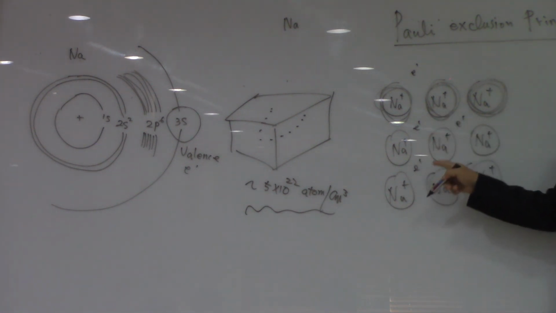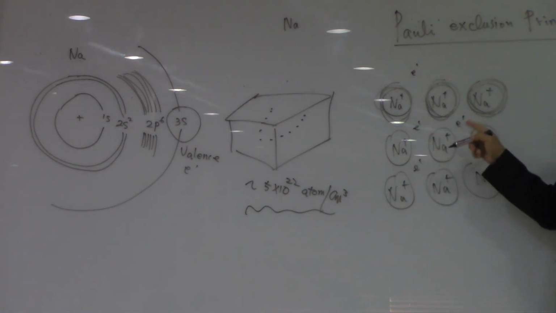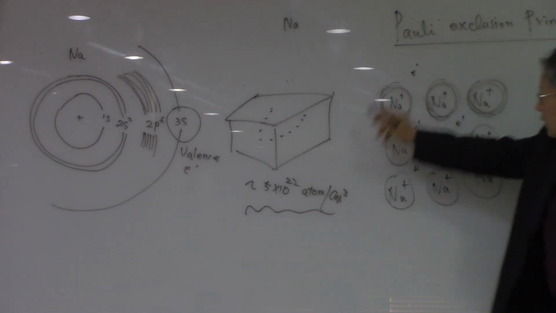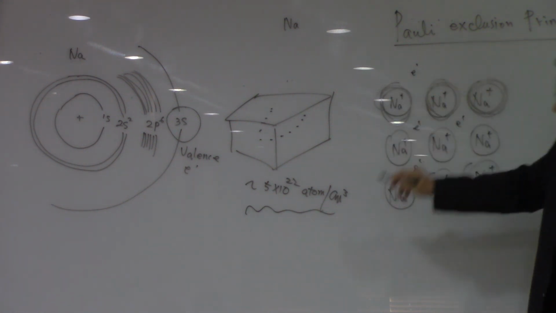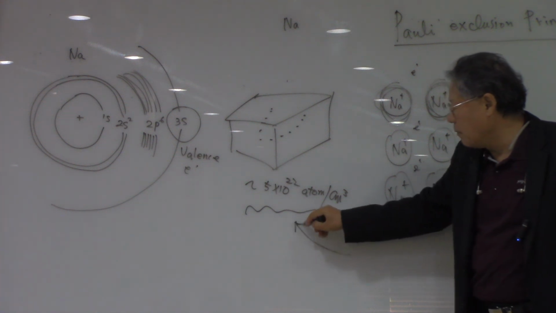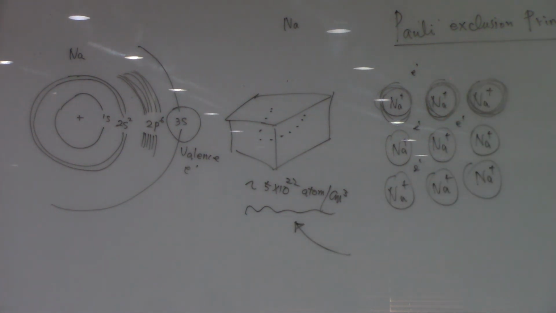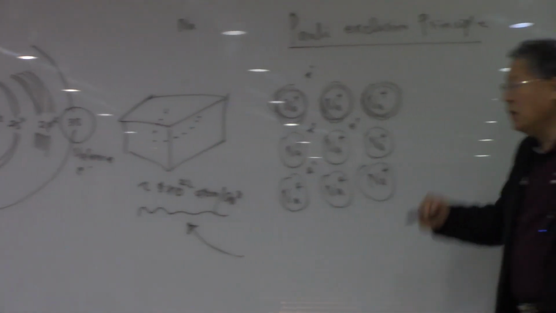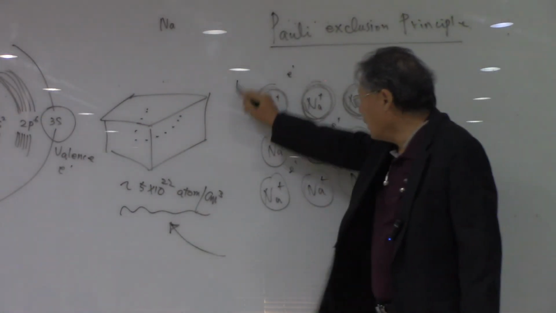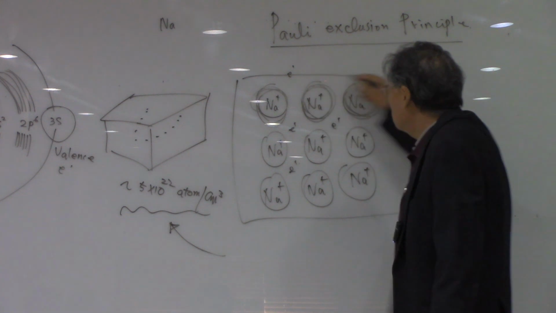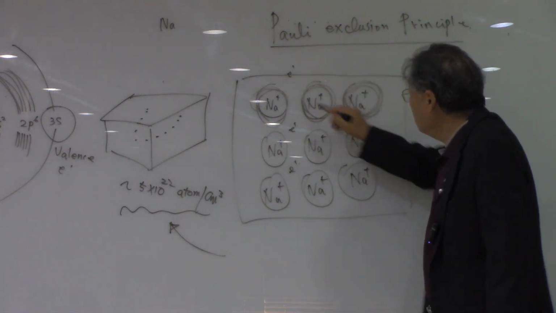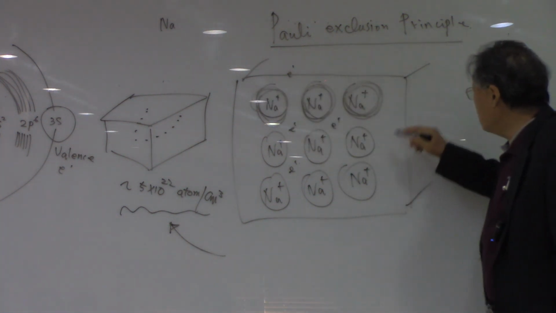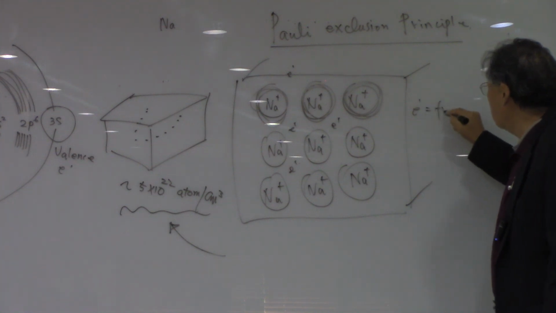How many of these electrons are going to be in this solid? It's exactly the same as the number of sodium ions, because each one has only one electron. We call this electron the free electron.